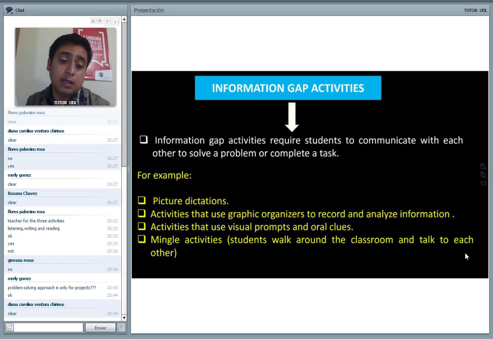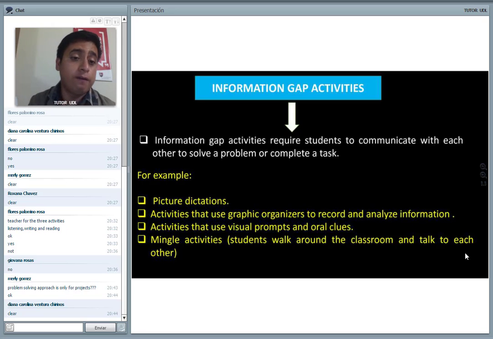Another one is activities that use graphic organizers to record and analyze information, or activities that use visual prompts and oral clues with pieces of paper. You have one part of the information, student A has the other part, and student B has the other part. So you need to talk in order to complete the missing information that you both have.